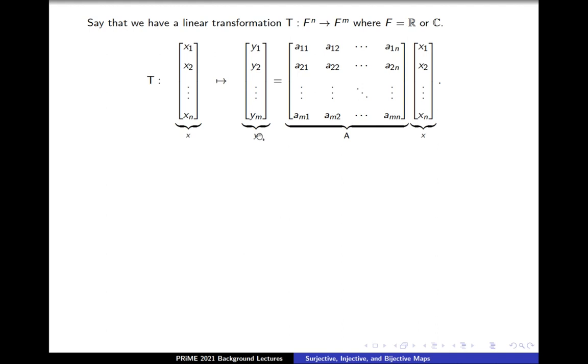It maps it to this vector y in F^m, written as y1, y2, up to ym. So we know that this linear transformation is the same as multiplying a matrix A by our vector x. So the matrix A is an m by n matrix with coefficients in F.